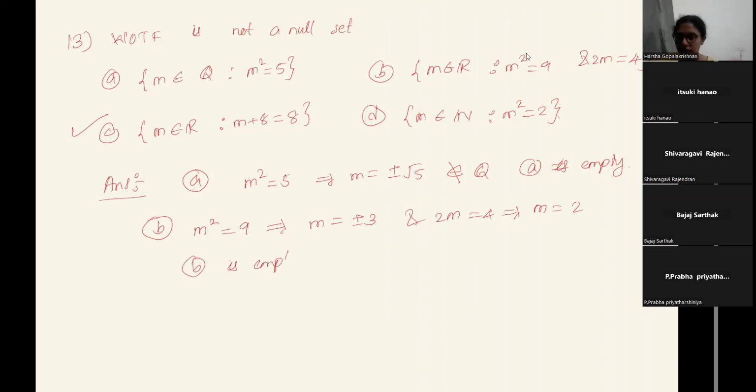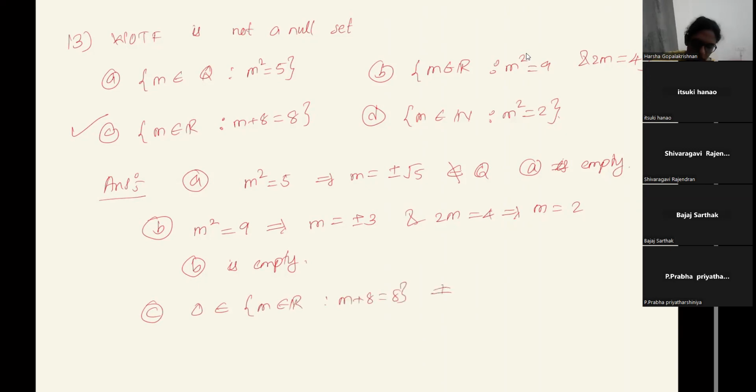Clear? Yes. And C, we already said, is non-empty. What is the element in C? 0, ma'am. 0, because m plus 8 equal to 8 means only 0 is the possibility. So 0 belongs to the set of all m in R such that m plus 8 equal to 8, so it is a non-empty set.